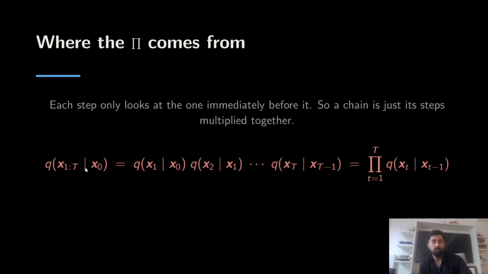Basically, it's a multiplication of every step. So it's xt given x0. xt is the blurry image. The blurry image given a normal image is the blurry image given the slightly less blurry image before it, xt minus 1, multiplied by xt minus 1 given xt minus 2, and so on, till we get q of x1 knowing x0.